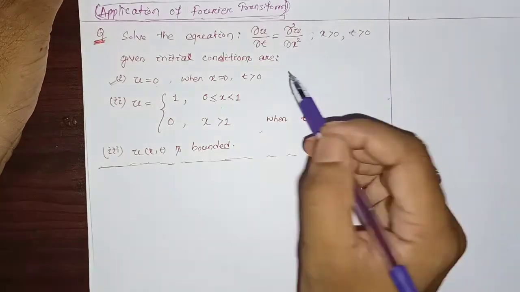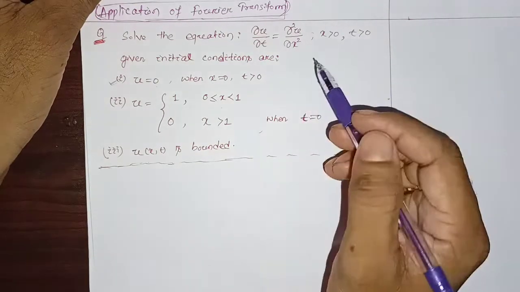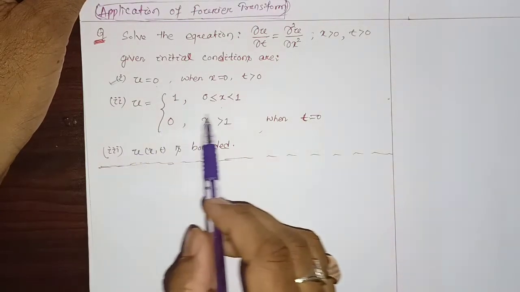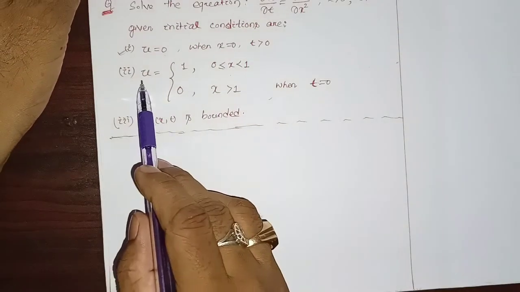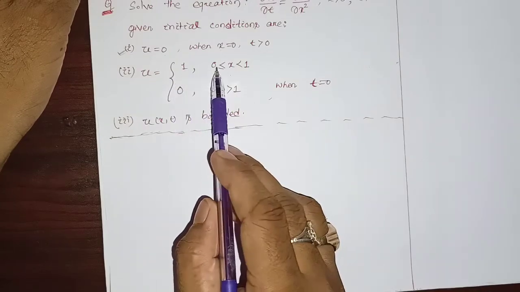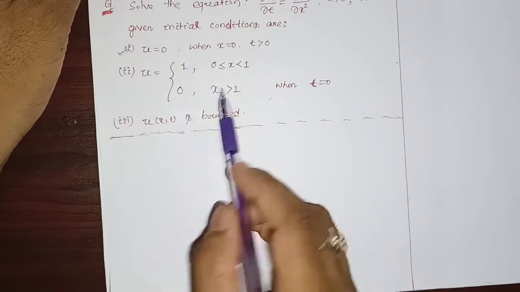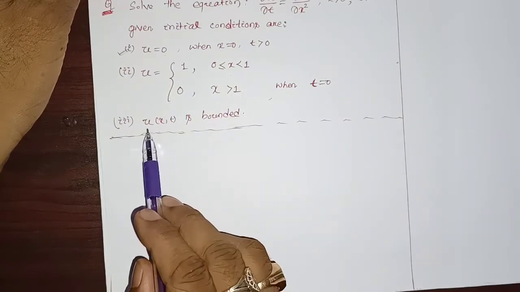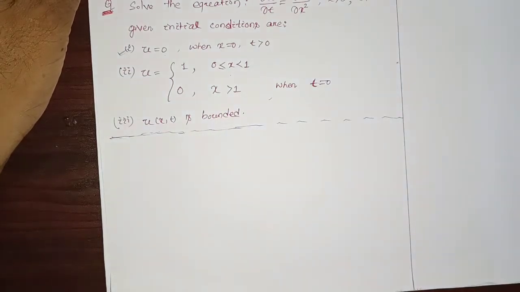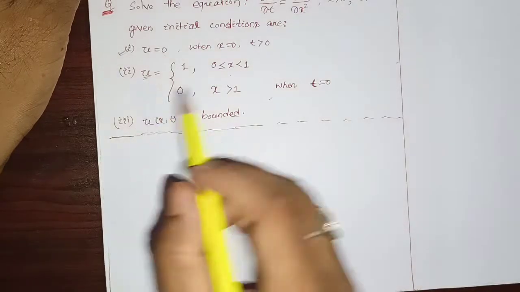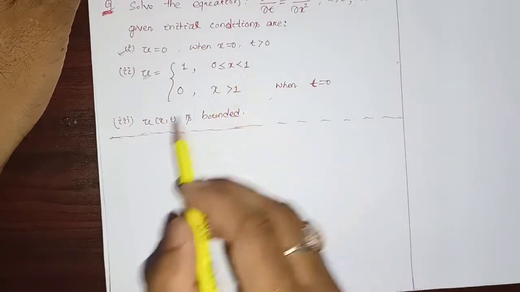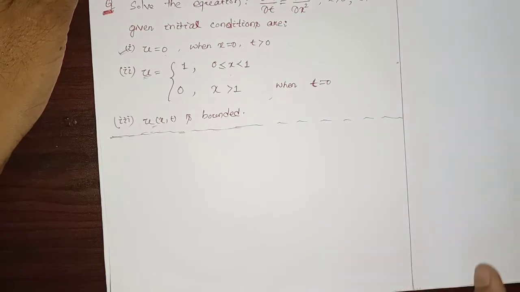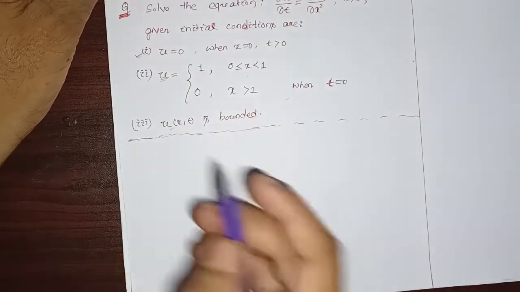This is one initial value condition, and this is another initial value condition, that u equals 1 between 0 and 1 and 0 for x greater than 1. And u(x,t) will be bounded, because u exists between 0 and 1. So we have to start to solve it.